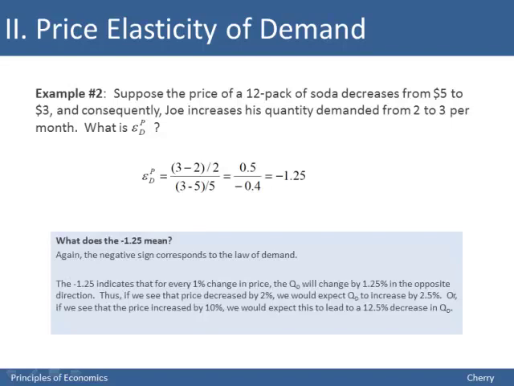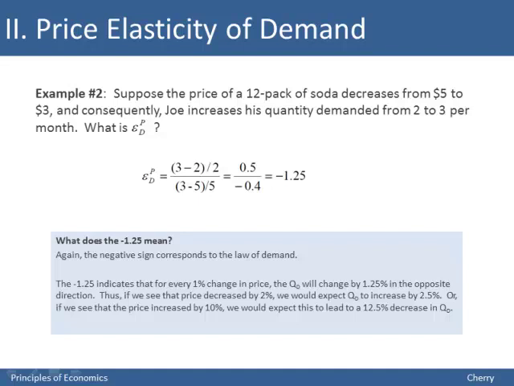The 1.25 indicates that the buyers are going to be more responsive than they were in the previous example when it was 0.4, because we're interpreting it the same way. The 1.25 means that for every 1% change in price, buyers are going to respond by changing their quantity demanded by 1.25%.